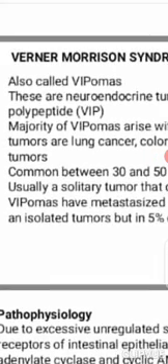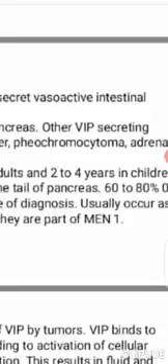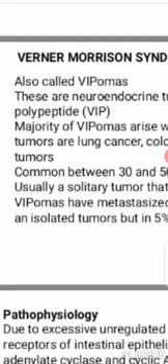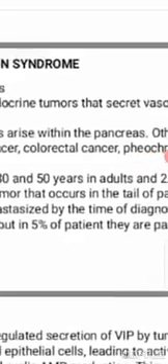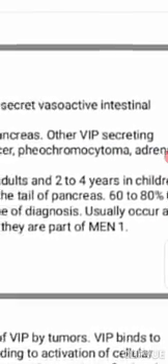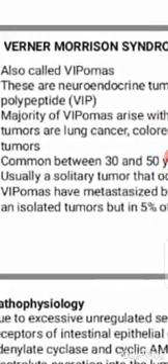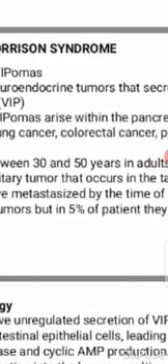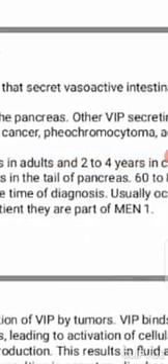We have said that majority of the VIPoma arise within the pancreas. We can have some also coming from the lungs, from colorectal cancer, and a few pheochromocytoma of the adrenal. Now, the common age is between 30 and 50 years. That's the common age at which people develop it.